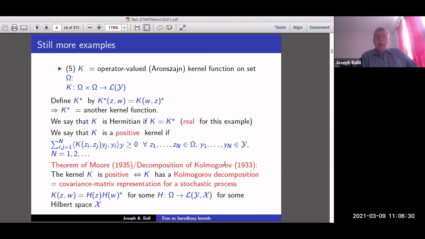And what Kolmogorov had was actually a covariance matrix representation for a stochastic process, which is indexed by the points of the space. So from the point of view of Moore, it's just this factorization. And it goes the other way. If you have this factorization, it's easy to see that the kernel is a positive kernel.